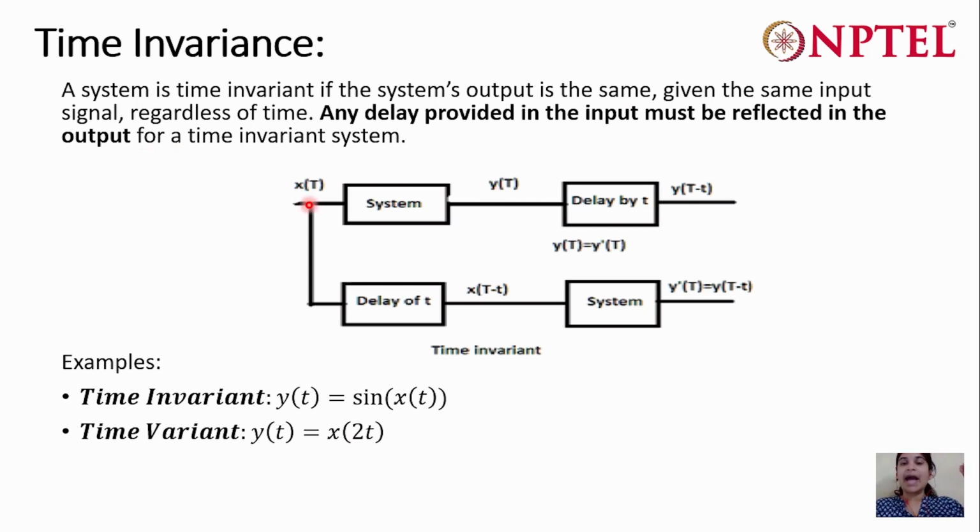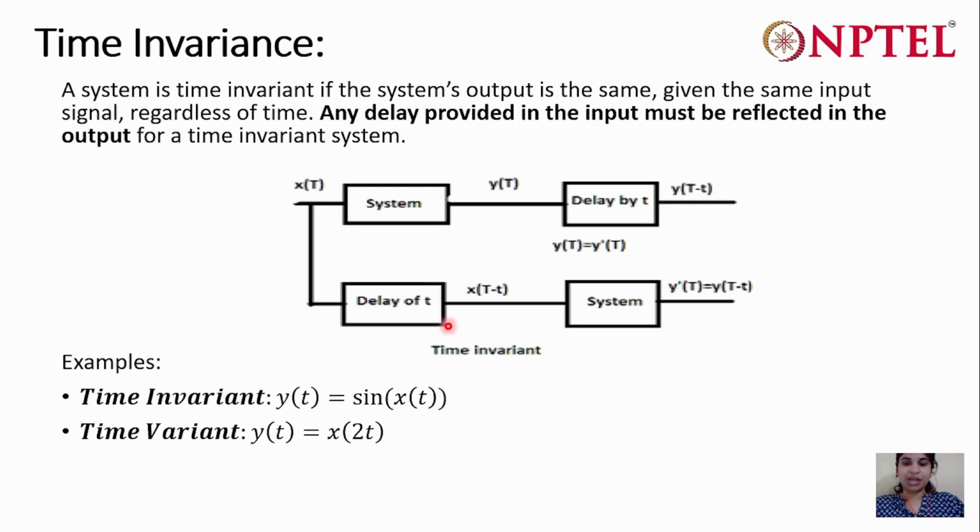So, I have input x of t. I am passing it through the system. I am getting y of t. Now I am delaying the output. So it is y of t minus some small t or some tau. This output should be equal to giving a delayed input to your system. So second, what I am doing, I am delaying the input.